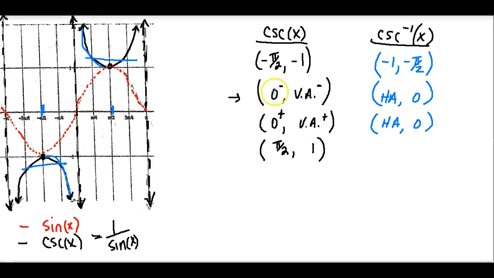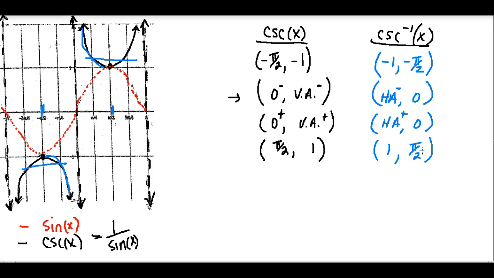Now, this x equals 0 with the negative sign is coming from the left. So as we go towards the left, or negative infinity here, x equals negative infinity, we will be approaching the horizontal asymptote on that end. And as x approaches positive infinity on this end, we will approach the horizontal asymptote of y equals 0. And so that will help us figure out how the graph looks later. And of course, our last point is 1, pi over 2.